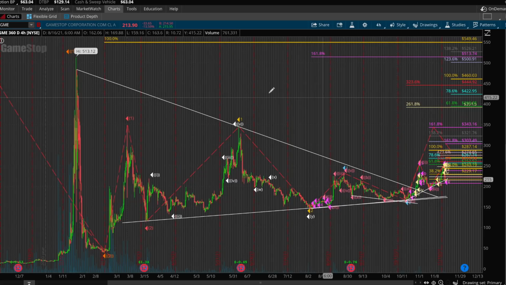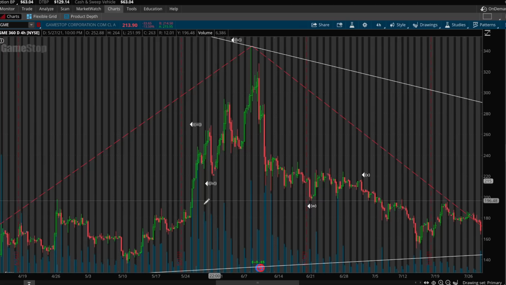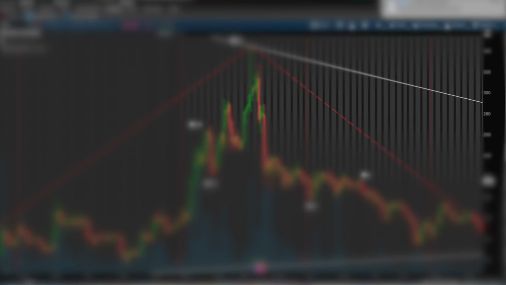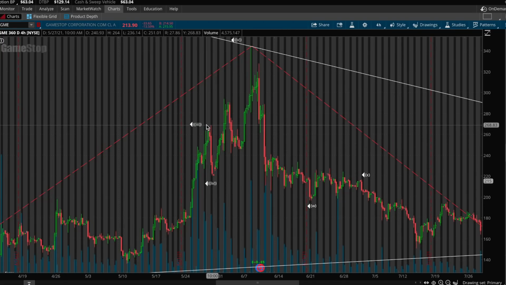I also want to draw your attention to this part of the May cycle, which is very similar, if not the exact same, to what we've seen so far. And this is why I think this supports the bull case, in my opinion. We had 2 to 3 days of really strong opens, really strong strength throughout the day.